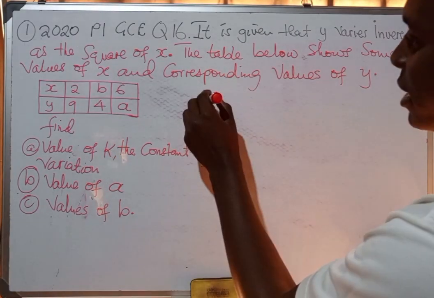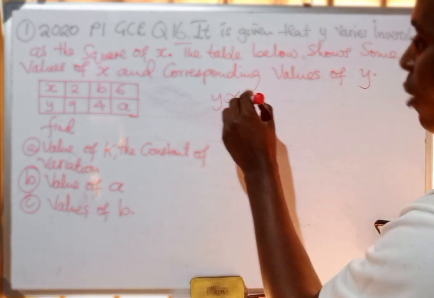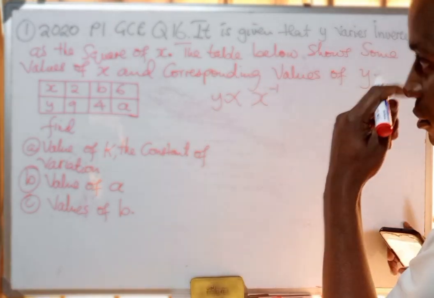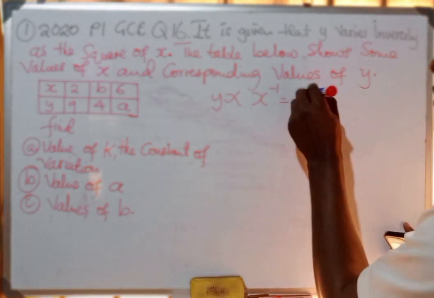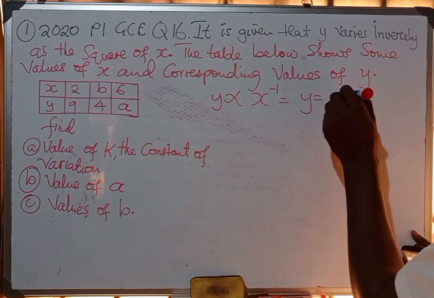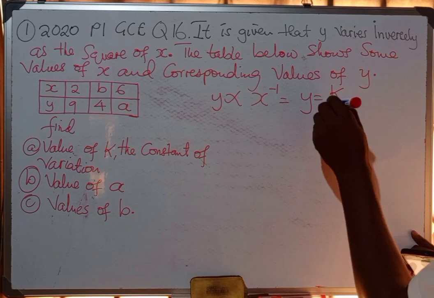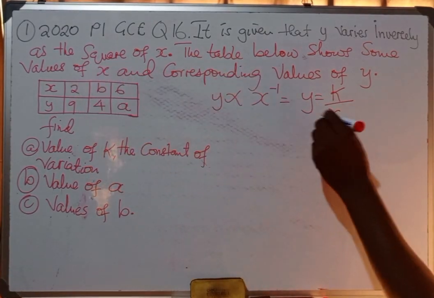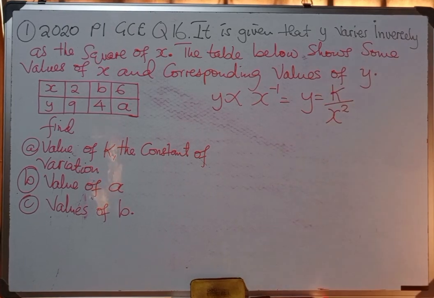So when y varies inversely, we have x to the power negative. So this will be y is equal to k over x. Now they are saying as a square of x, so it will be squared like this. This is what we are going to have under question number 16.